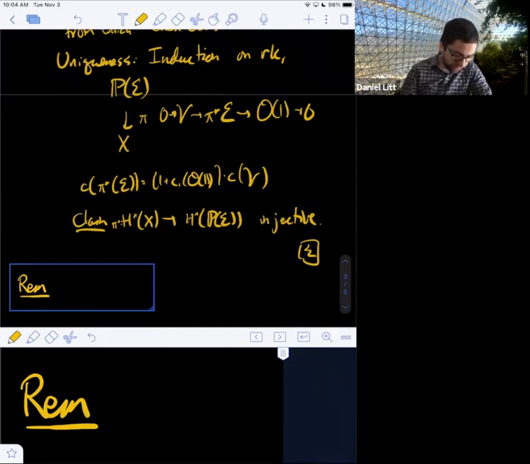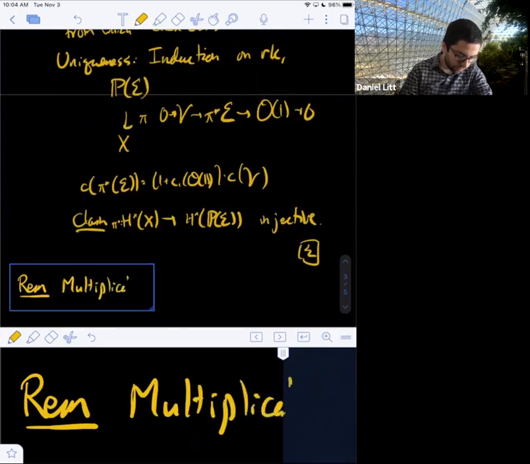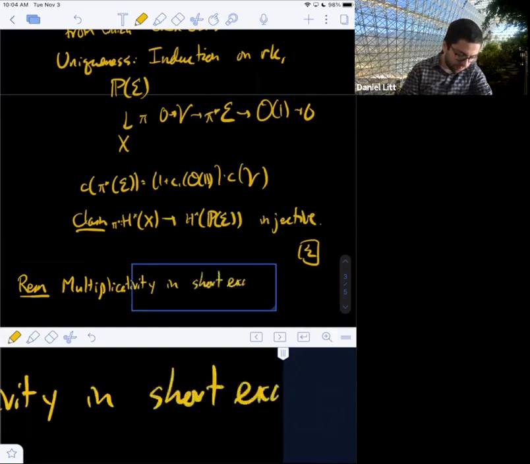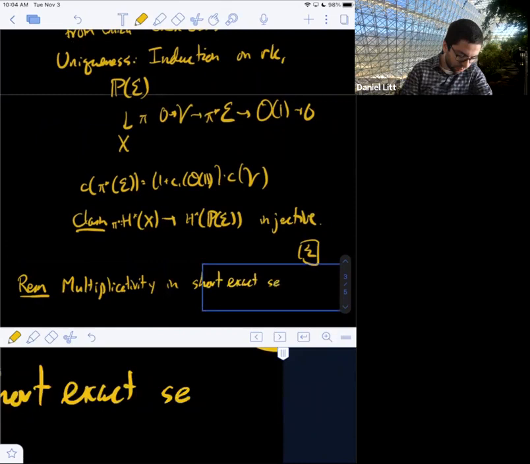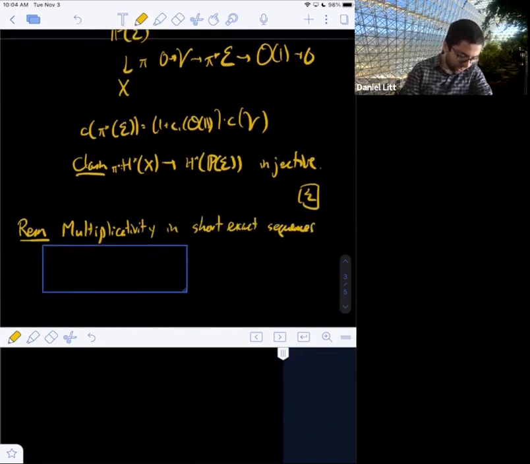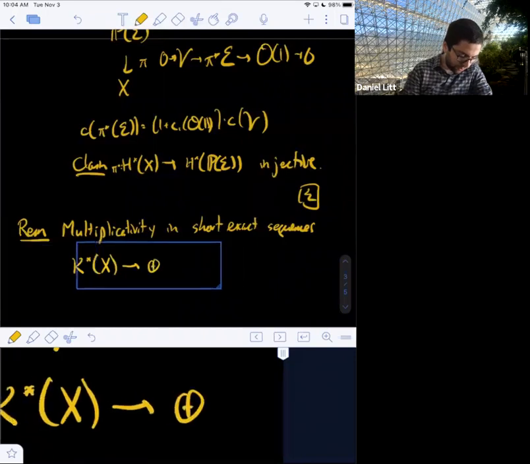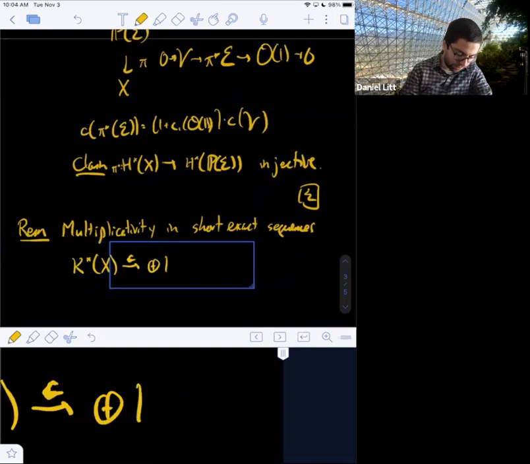So the remark is that this multiplicativity in short exact sequences means that we actually get a map from the K group of X to, if you like, this total Chern class to this direct sum of cohomology groups.